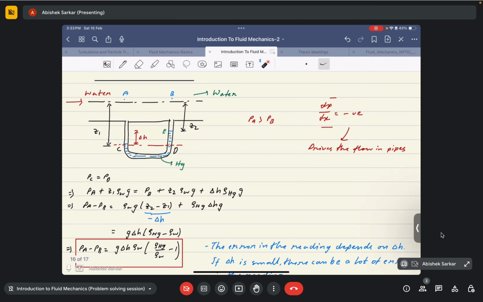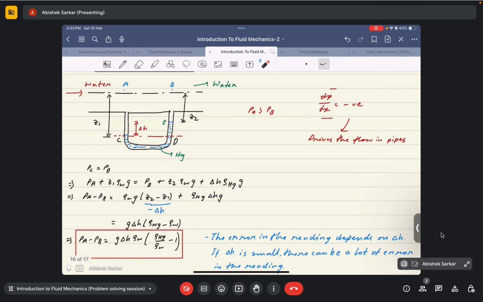Now, from the principle of the hydrostatic law, dP by dz is equal to minus rho g. This hydrostatic law, I guess, was discussed properly in the lectures. So we know that within the fluid, if two points are at the same height, the pressure must be the same, right?